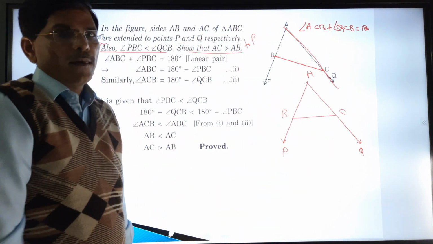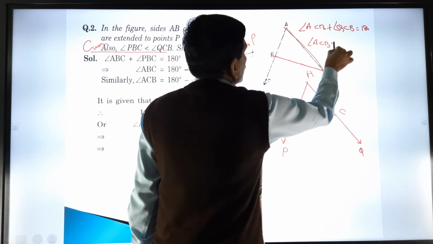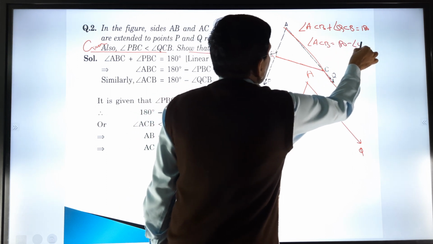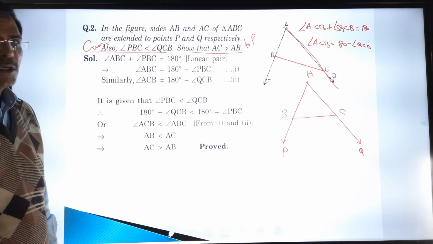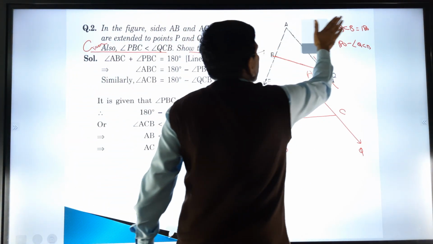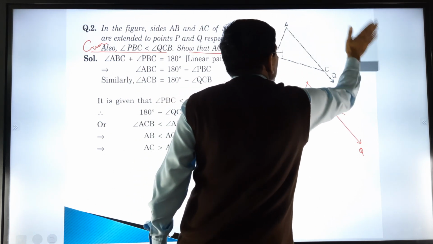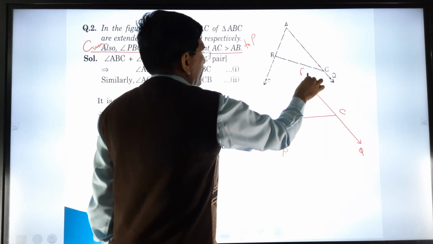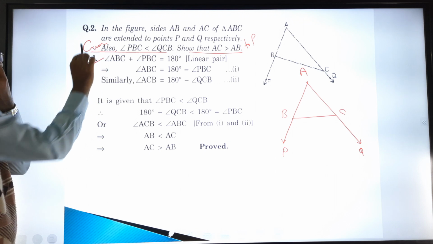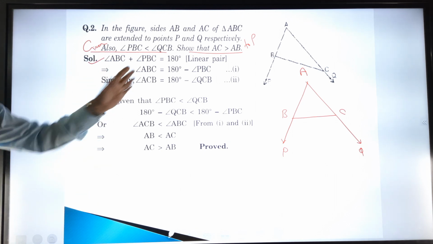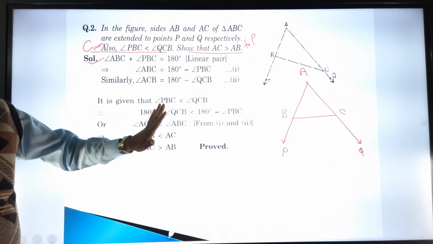Now I can write ACB is equal to 180 minus QCB. So that is why two equations they have written, equation 1 and equation 2. I hope you have understood this. That is, from the figure we have written two linear pairs.